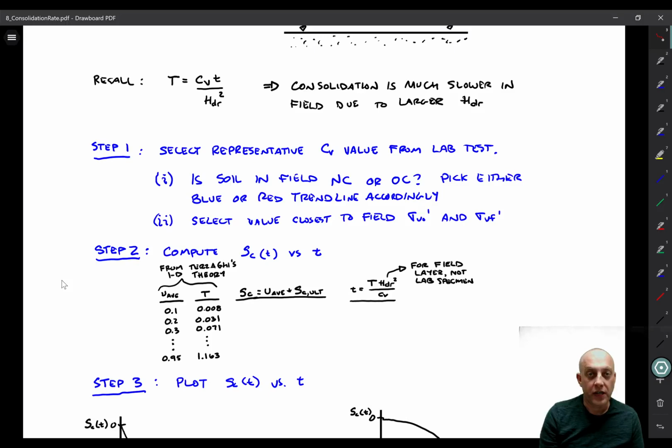So you have two different drainage path lengths to keep in mind here. Be sure to use the one for the field, because otherwise you'll get the wrong times. And then you have C sub V, which you've obtained from your laboratory test. You've obtained a whole bunch of C sub V's and picked the one that's the best representation of your field loading condition. All right, so now we have settlement and we have time.